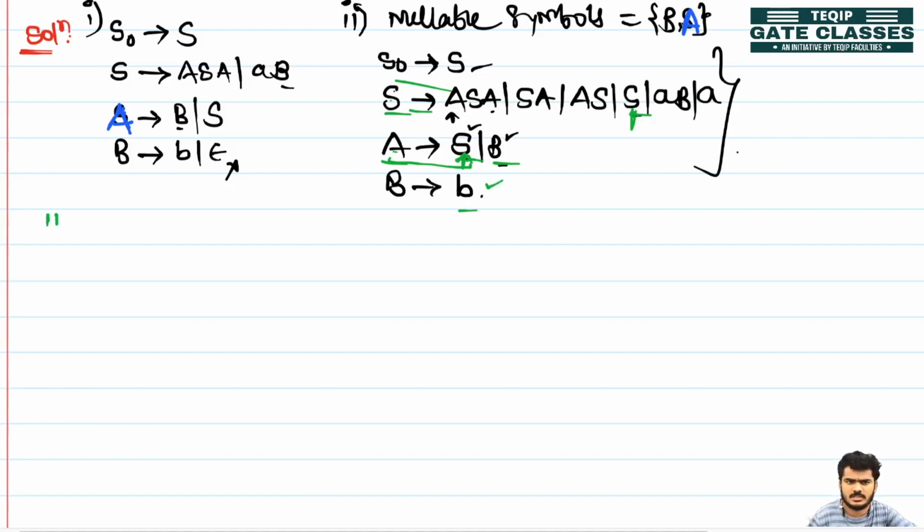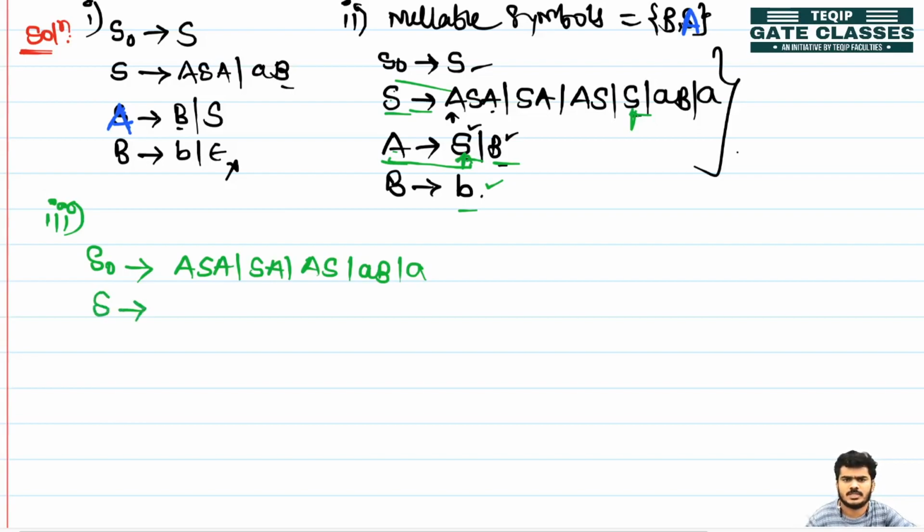So after the third step, the production looks like S naught producing capital S, so instead of capital S I am using ASA, then SA, then AS, AB, and this is small a. So we got S naught producing these many productions.